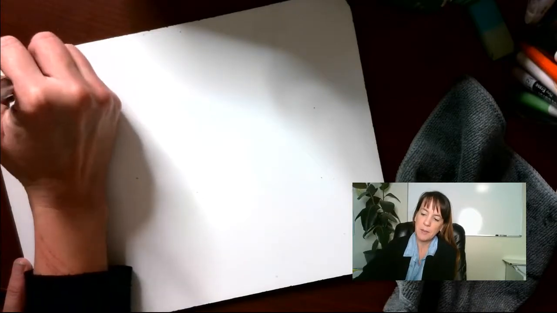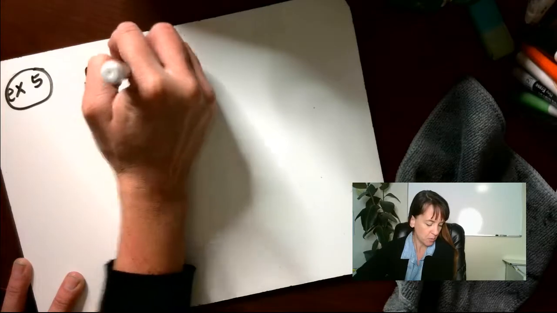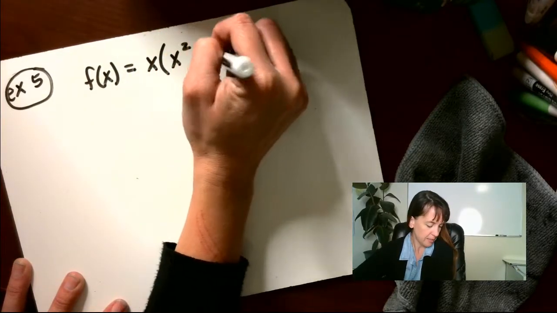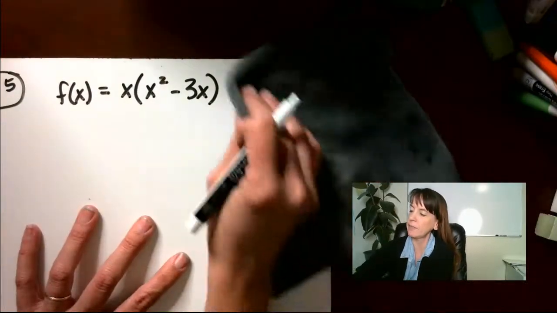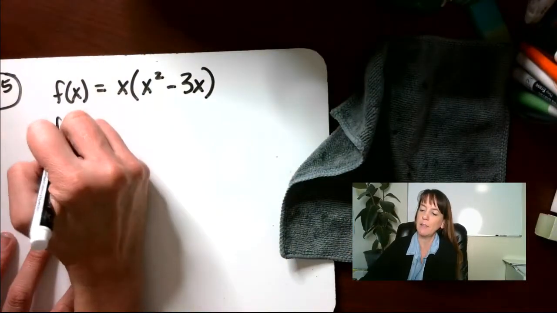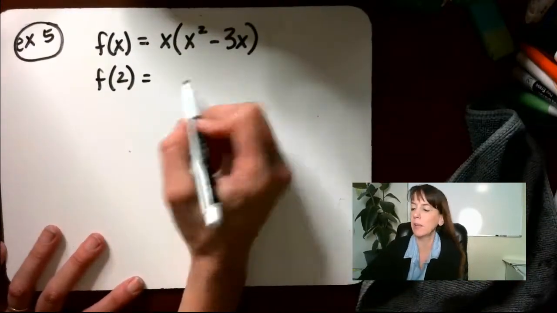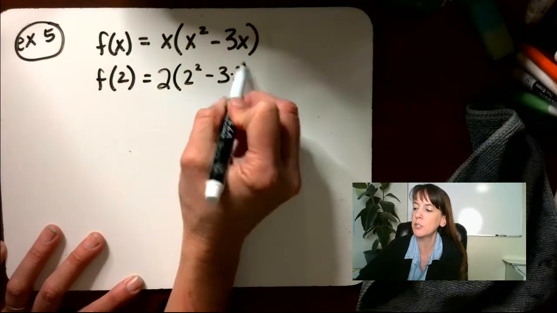Let's see about example 5. Now we're going to do the same thing, except this time it says f of x equals x squared minus 3x, find f of 2. So f of 2, okay? Well, that just means that we're going to plug in 2, just like we did before. 2 squared minus 3 times 2, right?